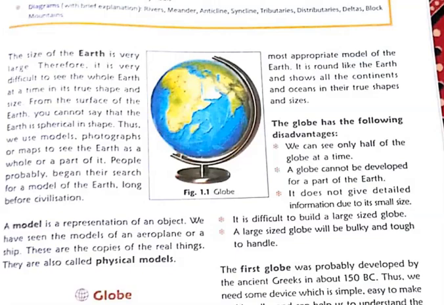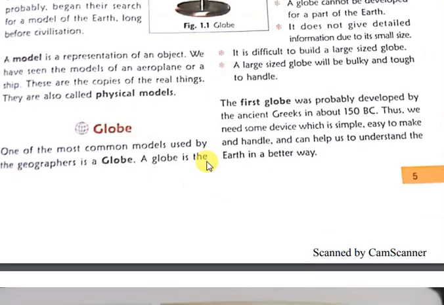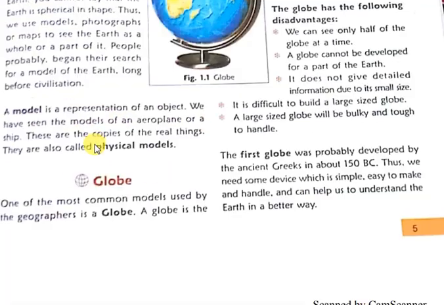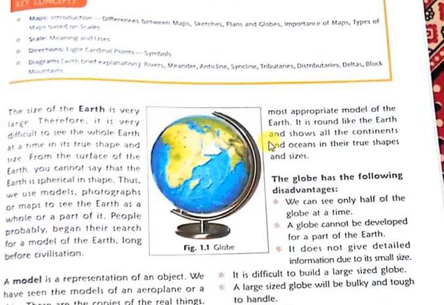Okay, let's now move on to the definition of the globe. What is a globe? A globe is one of the most common models used by the geographers. A globe is the most appropriate model of the earth. It is round like earth, like you can see here, and shows all the continents and oceans in their true shapes and size. Now these continents are just representing the actual size of a continent or an ocean, but actually these continents and oceans are not of this size.